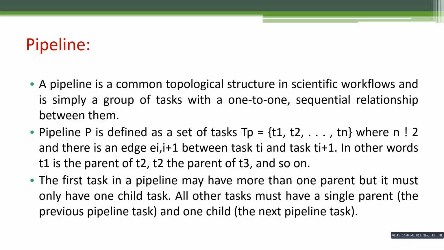In other words, T1 is the parent of T2 and T2 is the parent of T3, and so on. Here the first task in a pipeline may have more than one parent, but it must have only one child task. All other tasks must have a single parent and one child. I'll be explaining this in the further slides in a much better way.